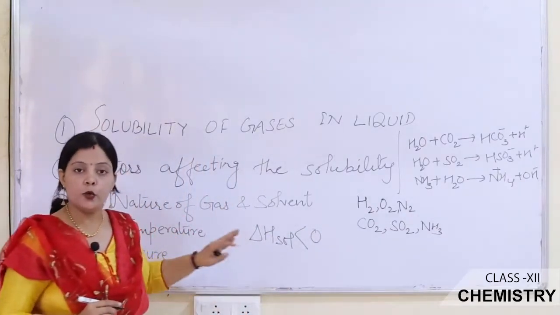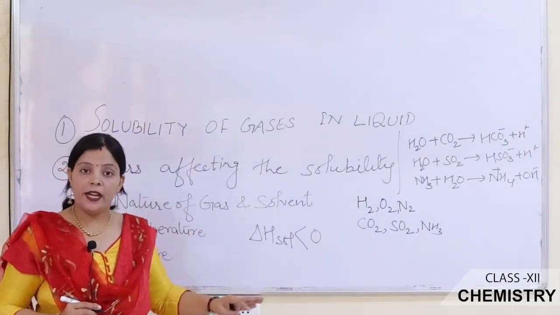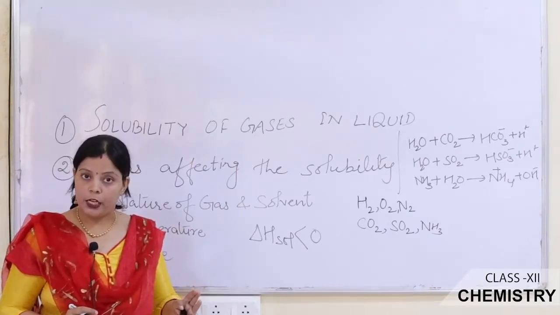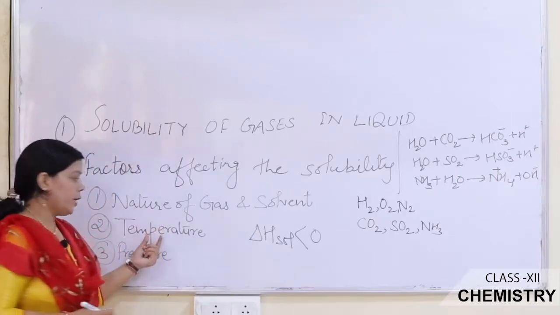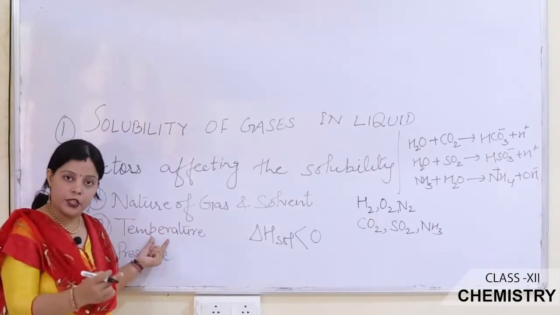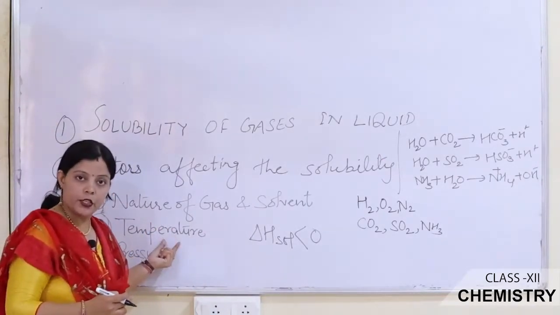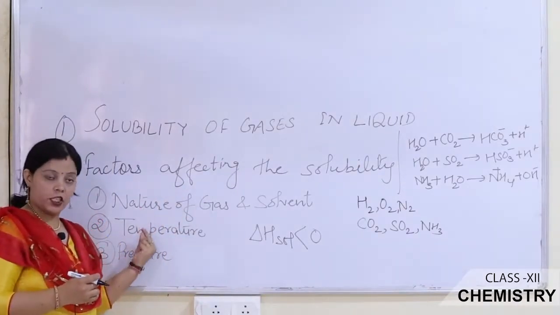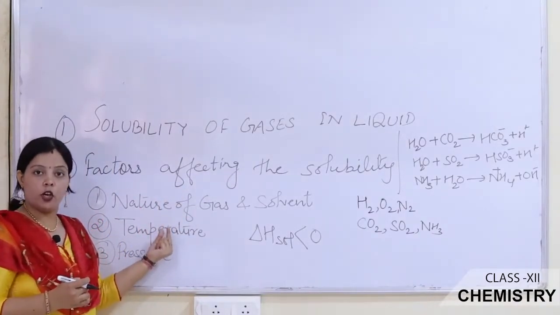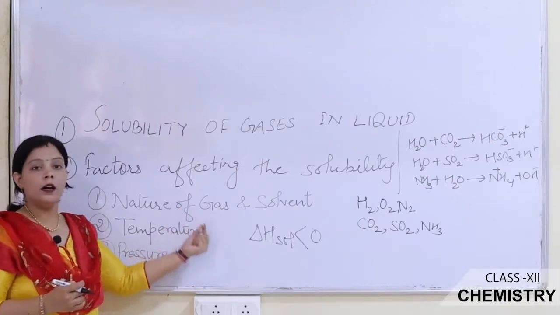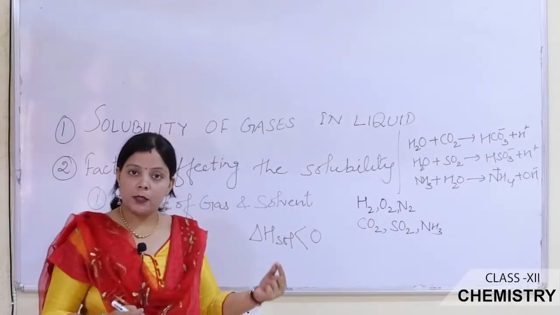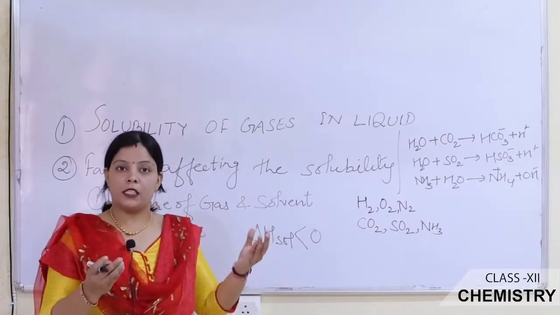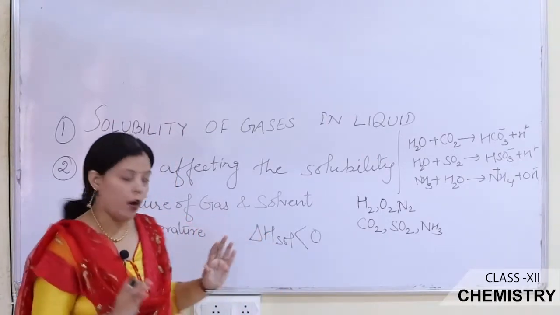It means the dissolution of a gas in a liquid is an exothermic reaction, and when we increase the temperature, the reaction proceeds in the backward direction. It means the solubility of the gas in the liquid decreases, and when we increase the temperature, the gaseous molecules escape out of the solution.